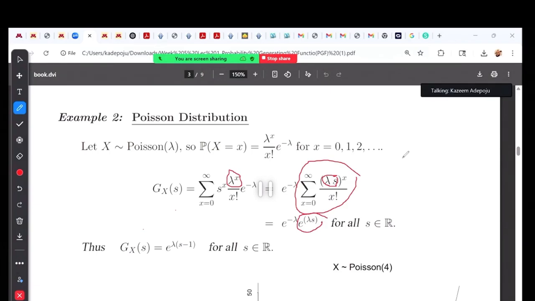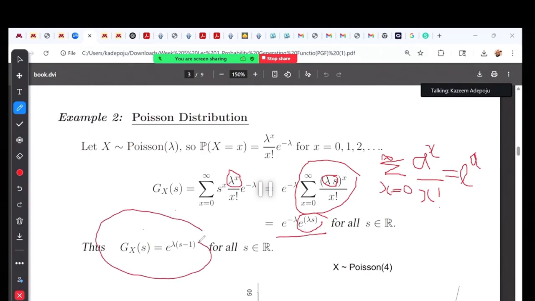The law that says the summation, s starting from 0 to infinity, of a raised to power s over s factorial, is the same as exponential raised to power a. That is what we're using here to come up with this. Now that you have this one, you just need to simplify it. Simplifying that will give you that. That is the probability generating function of a Poisson distribution.